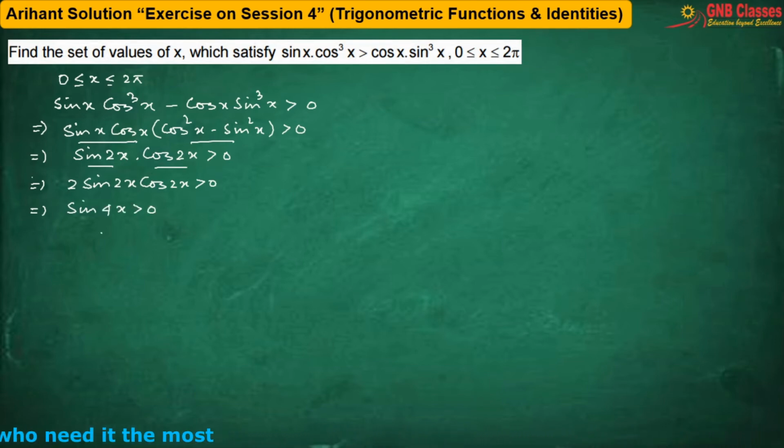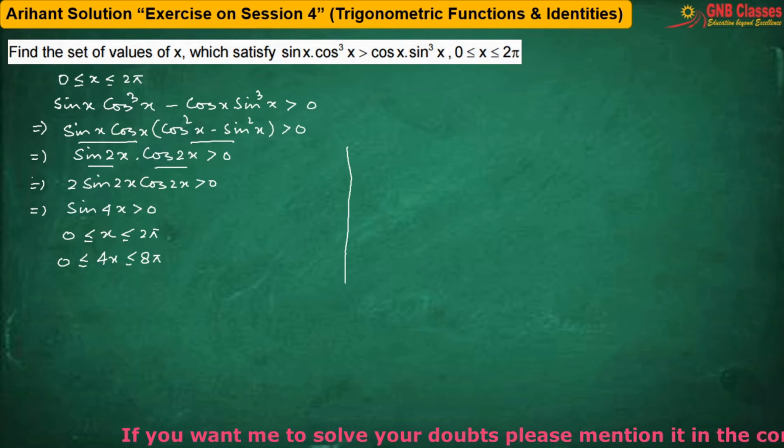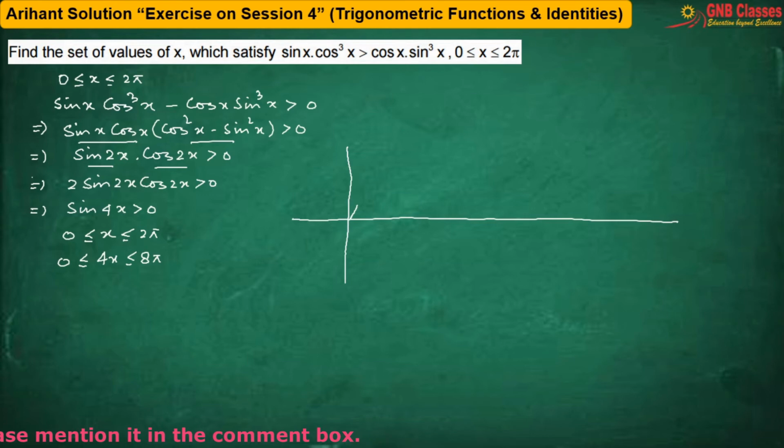Is it clear? Okay, now x lies between 0 and 2 pi. Therefore, 4x lies between 0 and 8 pi. Is it clear? Now let me draw the graph of sin 4x from 0 to 8 pi. So how will it look?